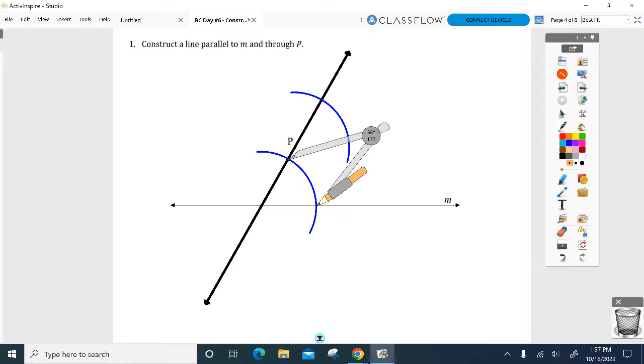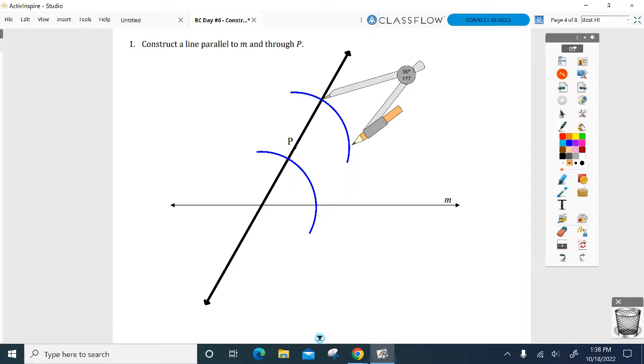Okay, let's go back to your ray, but we're not going to go back to point P. We are going to go back to where that arc intersected your transversal. Put your compass point there. Now you want to make an arc that intersects each other here.